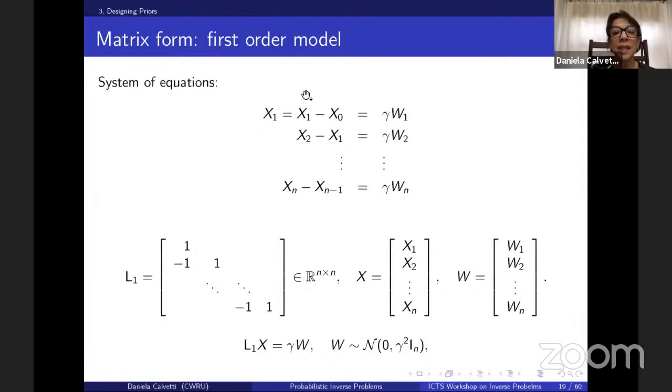And I can express the left-hand side as the product of the matrix L1, the first order differencing matrix, L1 times X. And if I make a vector with all of the W's, so this is a vector of n standard normals in the vector W, then what I'm expressing about my signal in terms of this first order smoothness prior is that the matrix L1 times the vector X is equal to gamma, the scalar gamma, which was h times M1, times the vector W, where W is really an n-dimensional standard normal with a scaled identity as covariance here.